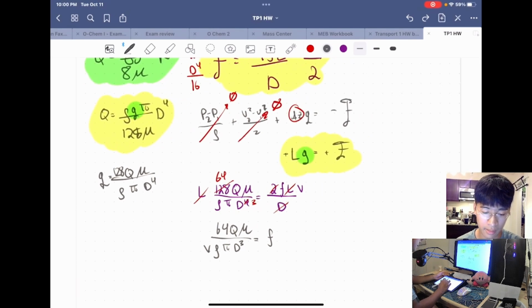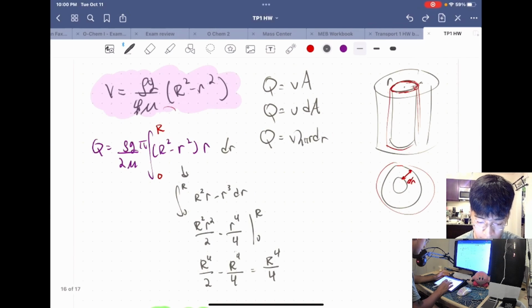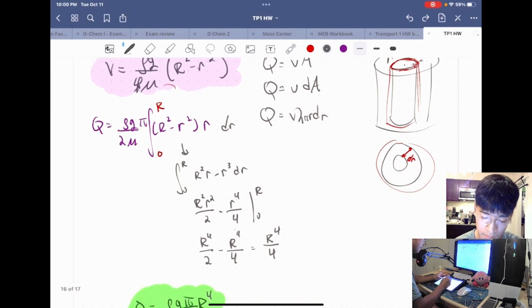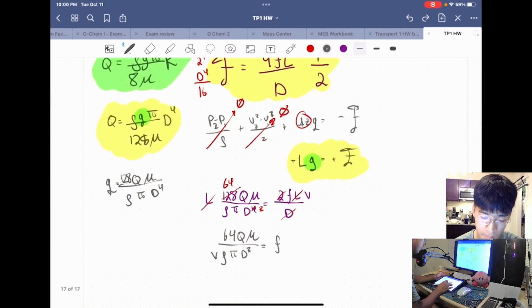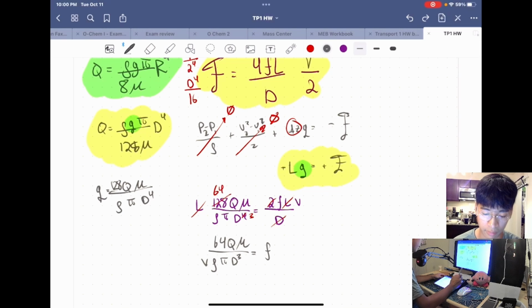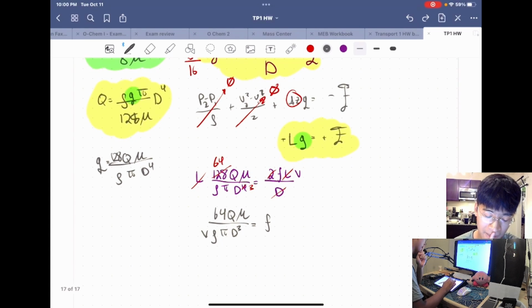Recall that Q is equal to, actually, maybe I don't want to go all the way back. Q is equal to this, right? I am a little unsure of what pathway to take here. Q is equal to, oh, I see.